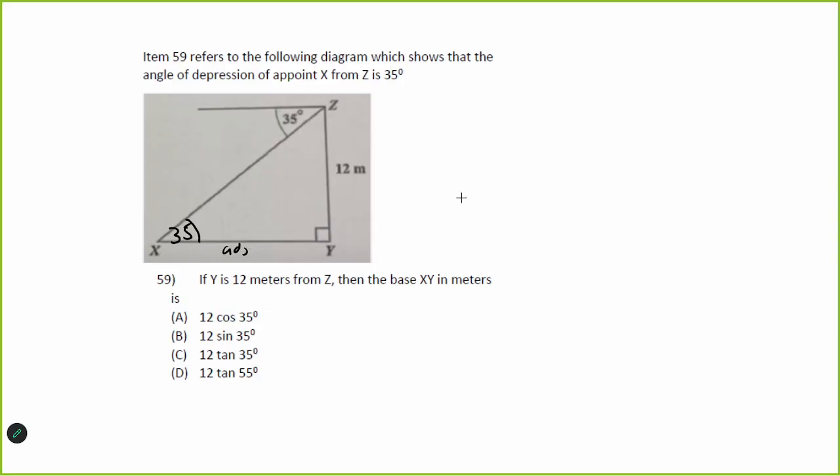So your opposite is 12. We're using this angle 35. Your opposite is 12. They want to find your adjacent, which is equal to XY, and your theta is equal to 35. Opposite over adjacent, that's tan. So tan 35 is equal to 12 over X.